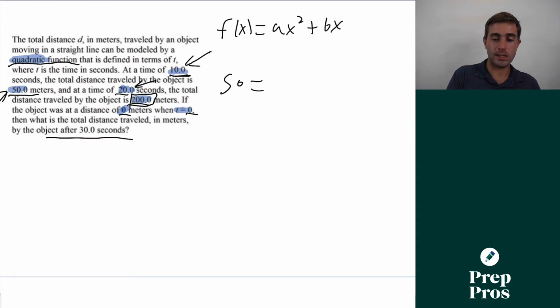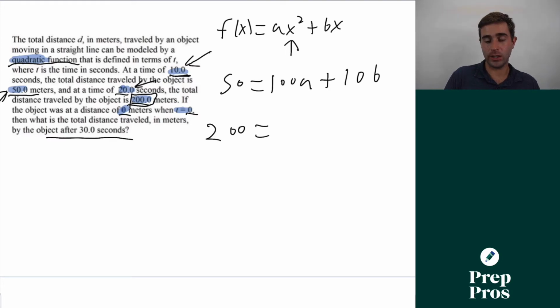So we'll rewrite this as 100a, because we are squaring the x value we're plugging in, plus 10b. And we can do the exact same thing with the second equation: 200 equals a times 20 squared. So this is going to be 400a plus 20b.